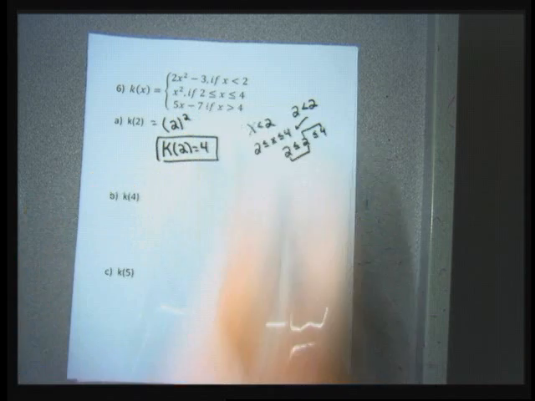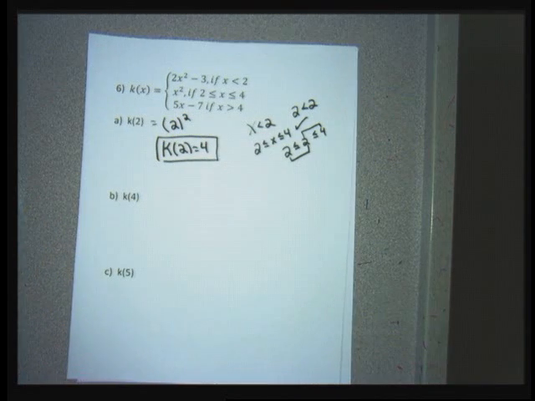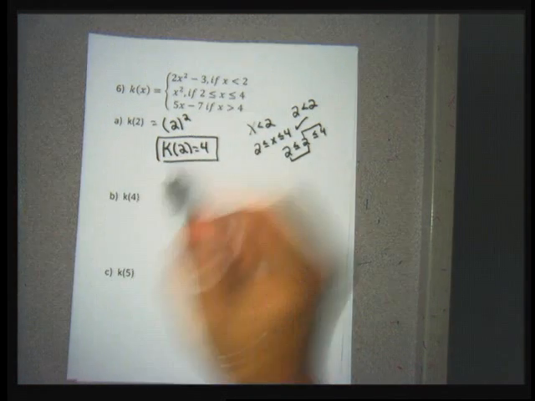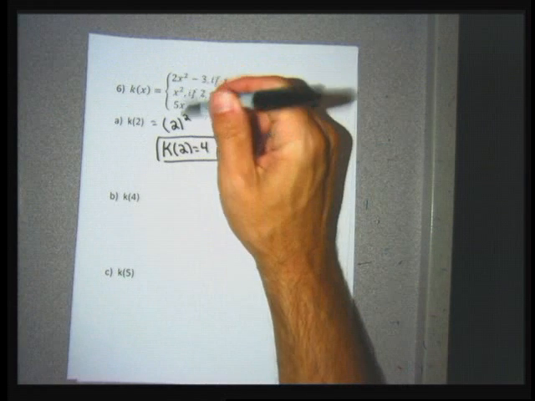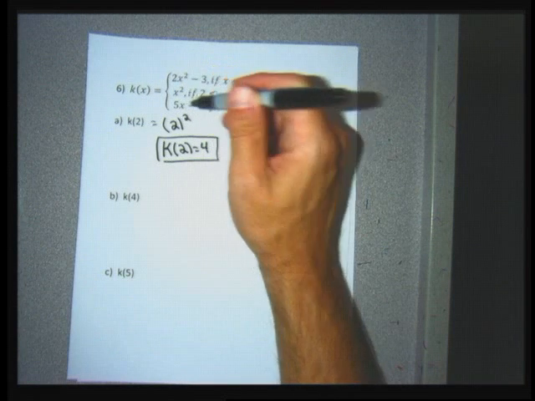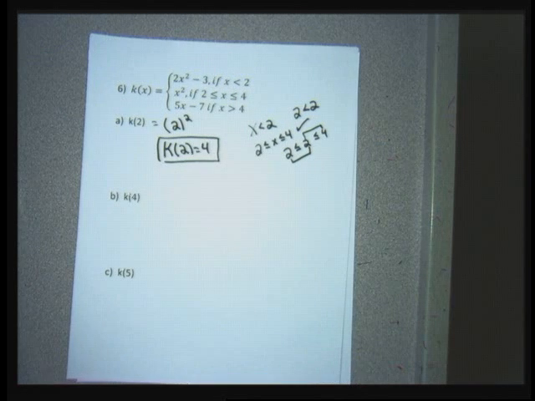So for each one of the problems in number 6, the value that's in the parentheses is only going to go into one of the pieces, the top, the middle, or the bottom piece. To figure out what piece it goes into, I look after the word if and see where my true statement is.